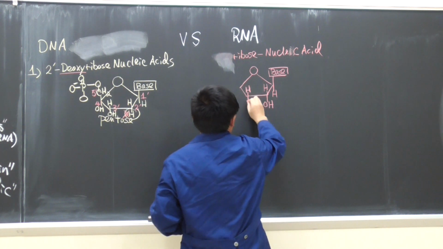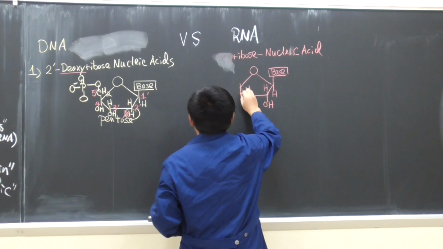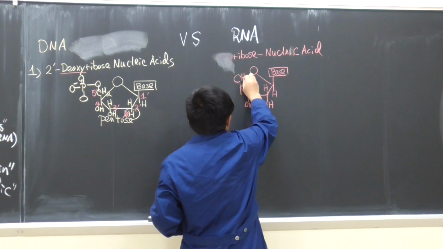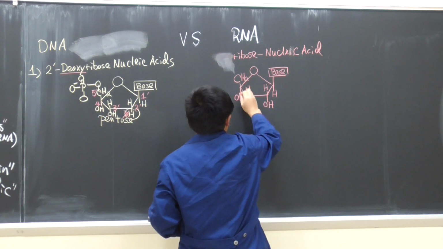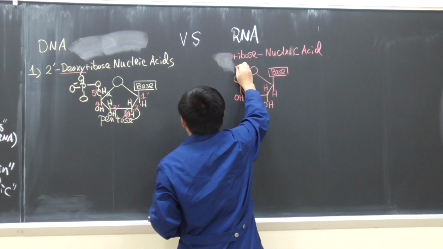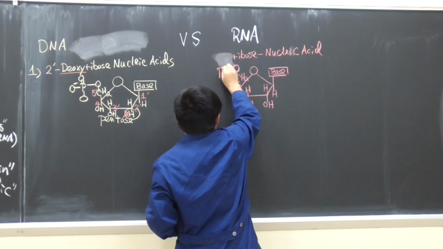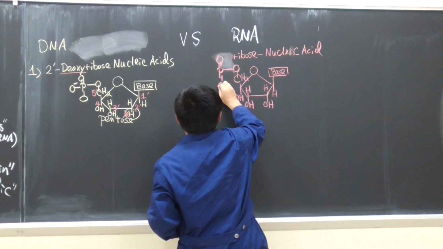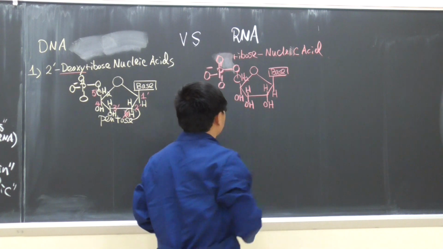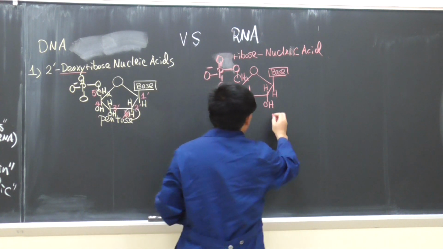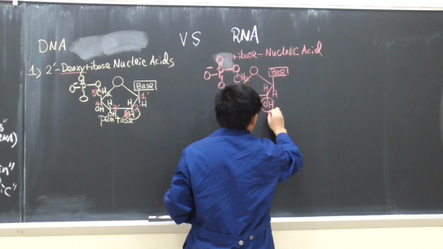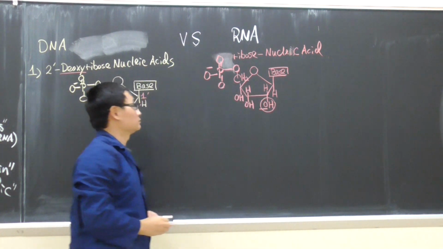Okay, H, OH, CH2, OH, and it goes on top. We always say you have oxygen and a phosphate. Right here, don't forget, you have the O there.